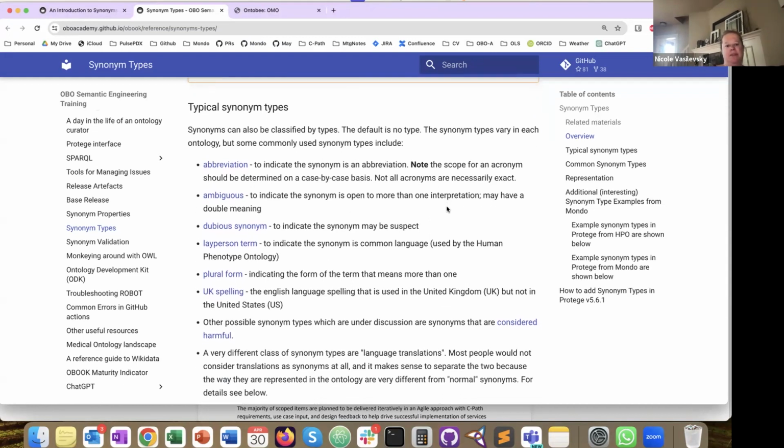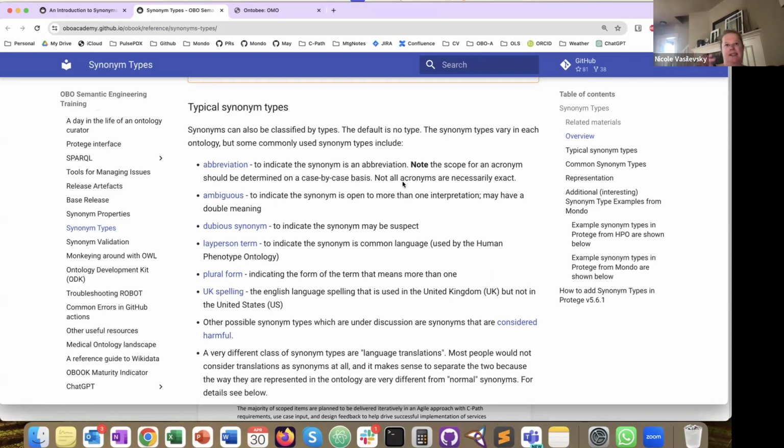Below are some typical synonym types that are used in a lot of different ontologies. We've already mentioned abbreviations. It's noted here that the scope for the acronym should be determined on a case-by-case basis. Abbreviations are used for actual abbreviations or for acronyms, kind of interchangeably.